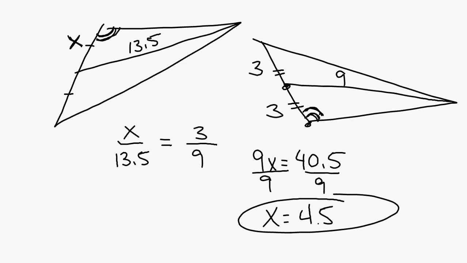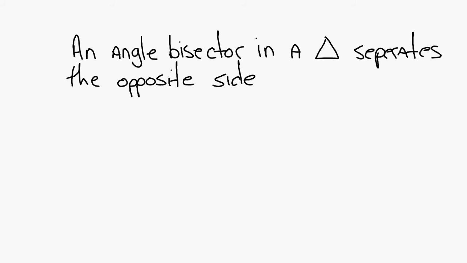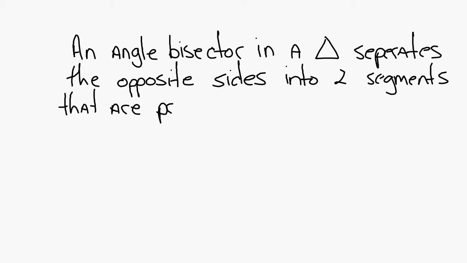An angle bisector in a triangle separates the opposite sides into two segments that are proportional to the other two sides.